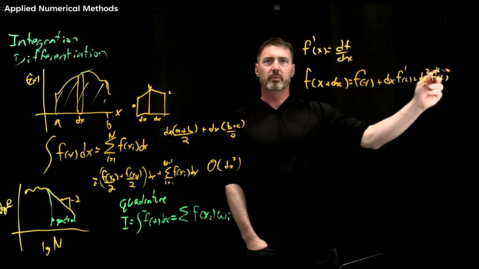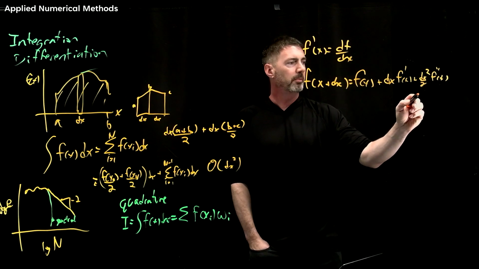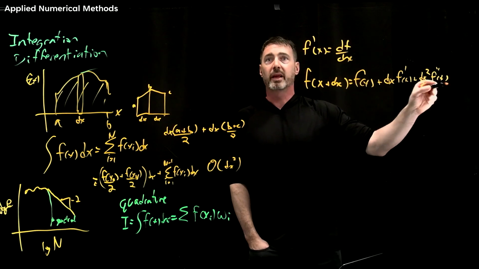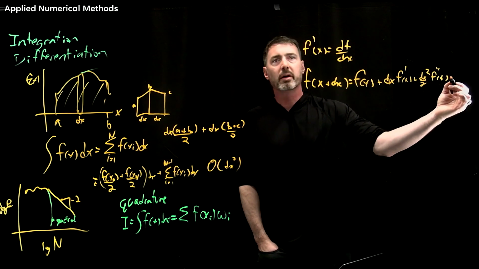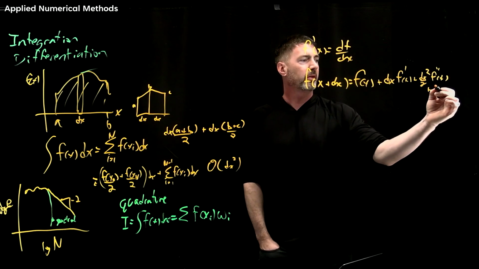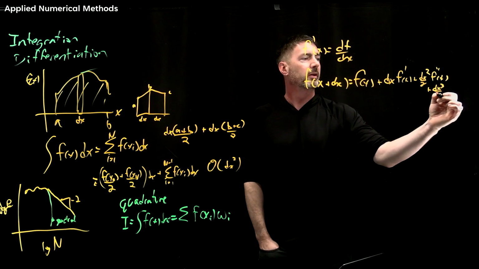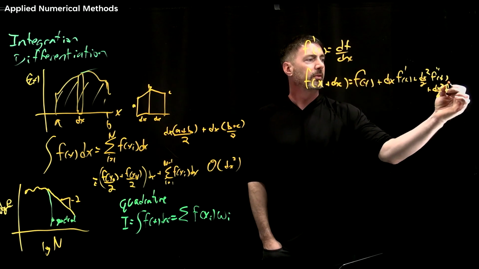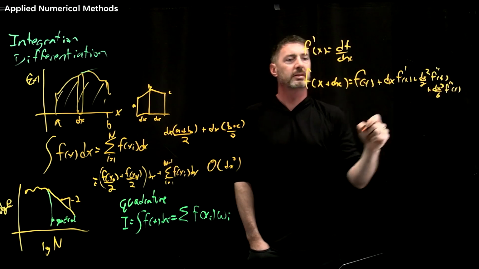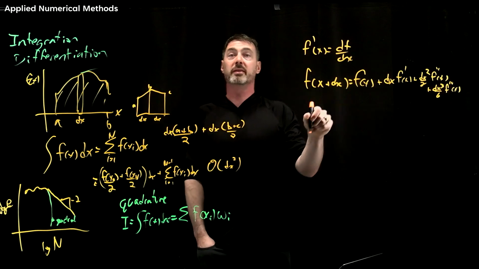I'm running out of room on the screen, but basically this Taylor series would continue on. Plus dx cubed over 6, so this is a factorial, times f triple prime of x. So that's x plus dx.